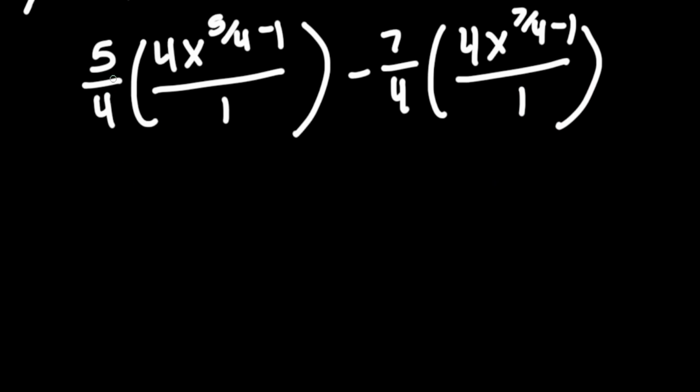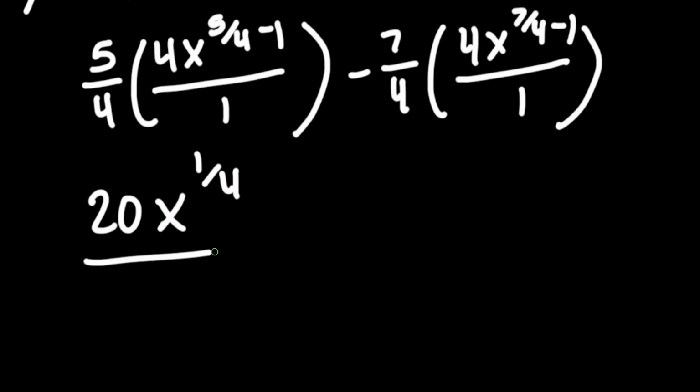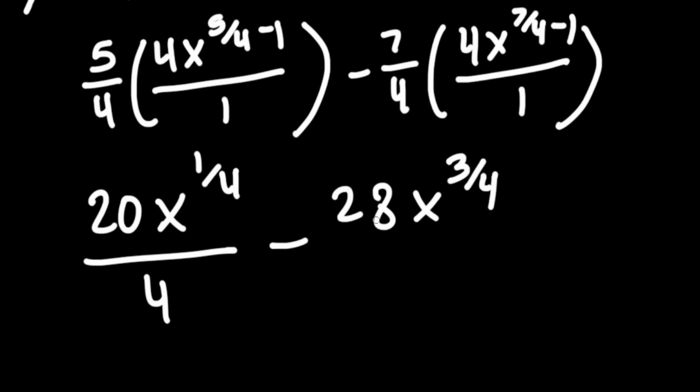We just simply need to multiply and do the subtraction. So this becomes 20x raised to 1 fourth over 4 times 1 is 4, minus 7 times 4 is 28x raised to 7 fourths minus 1 is just 3 fourths over 4.